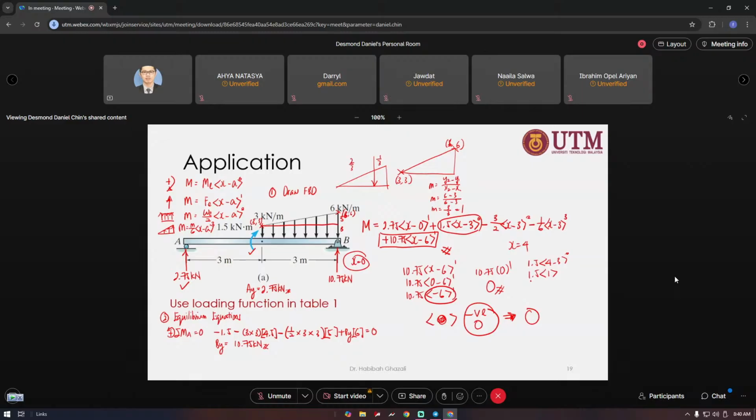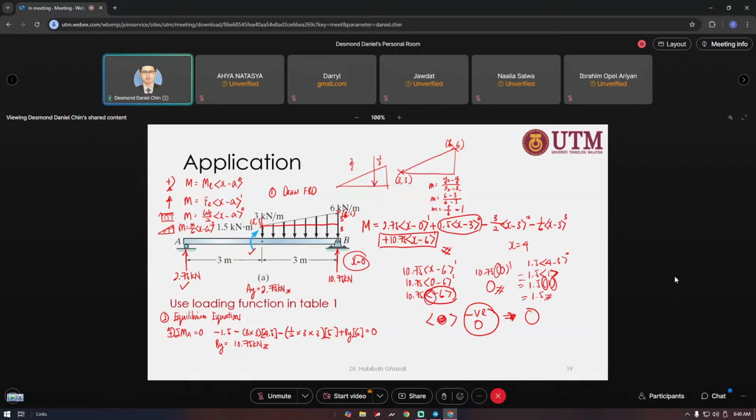If it is a positive value, you can convert it to its original value, which is 1. That's why you can see the bracket changes already, from this diamond bracket becomes a curved bracket. Did you see the difference between these two? So 1.5 times 1, your final answer is 1.5. This is how you apply Macaulay's bracket.